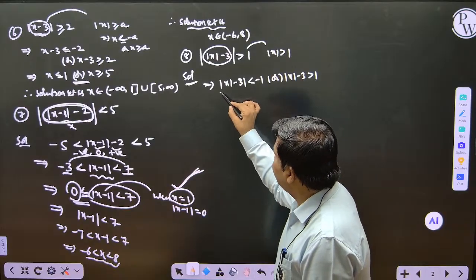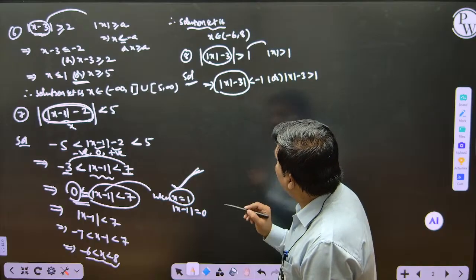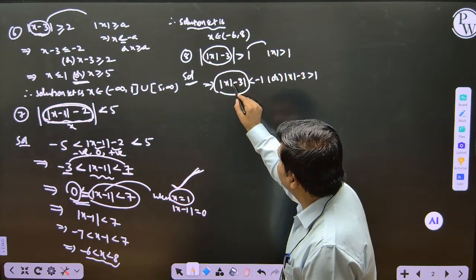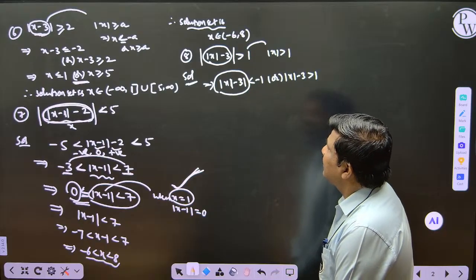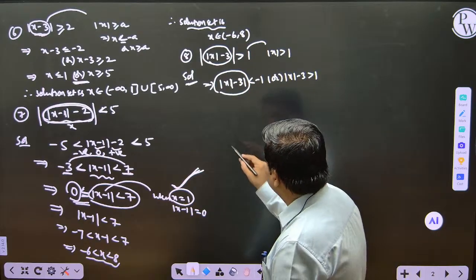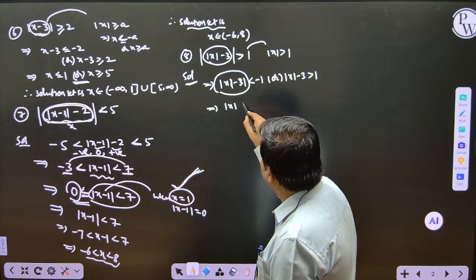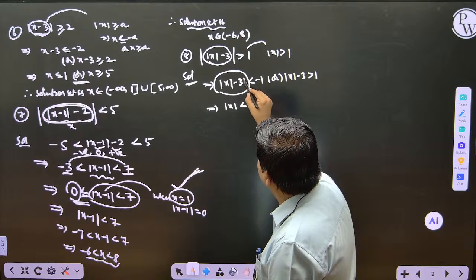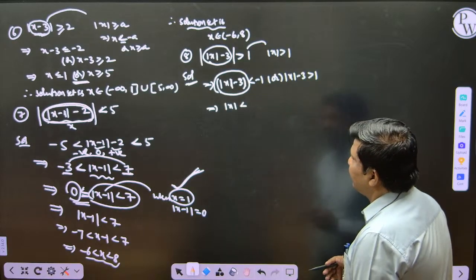So what is given here? Modulus of x minus 3 less than minus 1 or modulus of x minus 3 greater than 1.